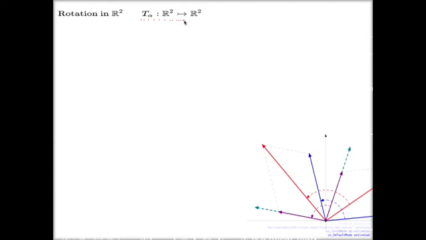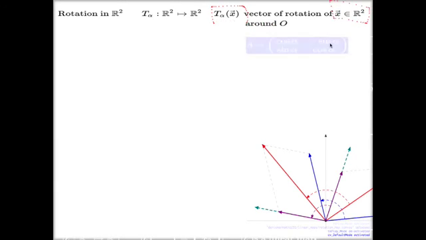You call it T sub alpha, or the letter may be different. Some people use R sub alpha. And that's the map which does this. The image of this map, T alpha of x, is the rotation of the original vector x around the origin by the angle alpha counterclockwise. That's how you formally present this map.